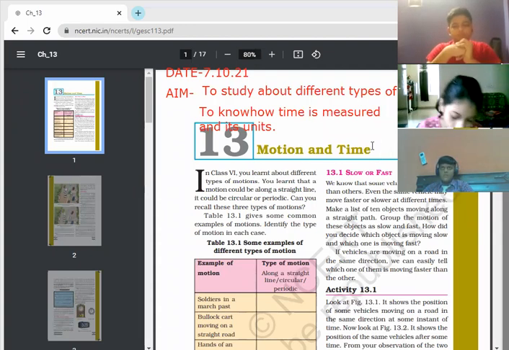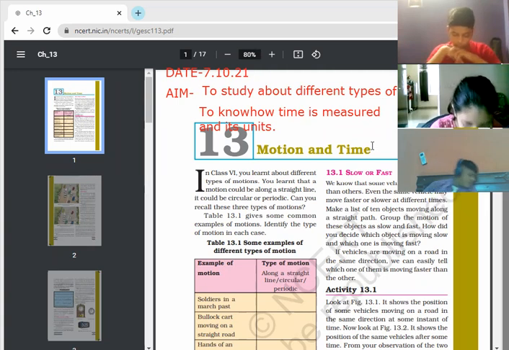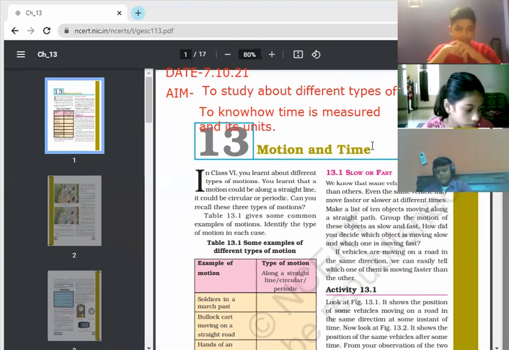This chapter has been divided into two parts, children. First is time and the other is motion. In motion, we are going to study the types of motion. You are already familiar with them from the previous class: rotatory, rectilinear, circular, vibratory, periodic and non-periodic motion.